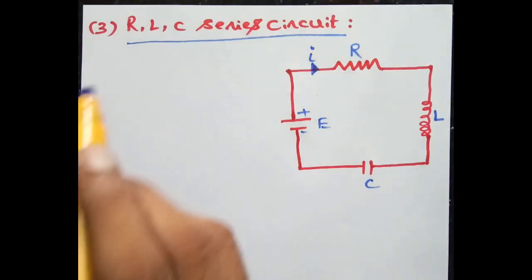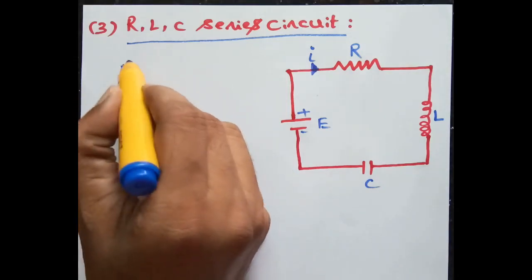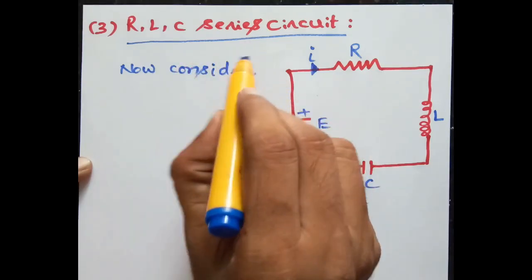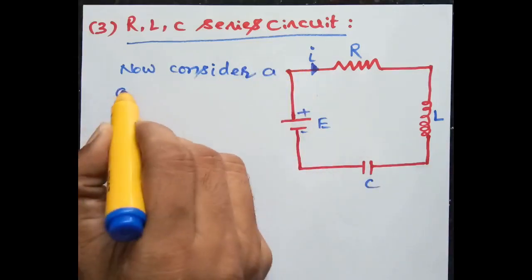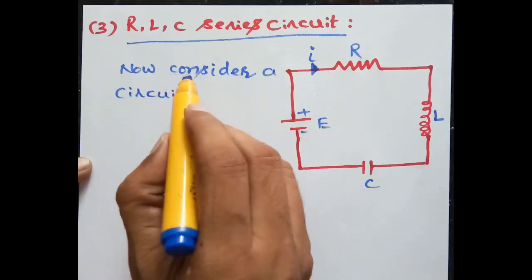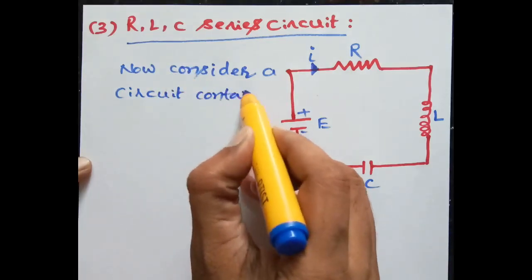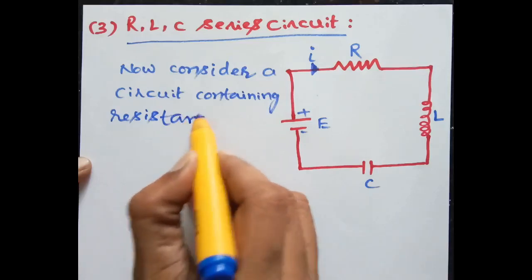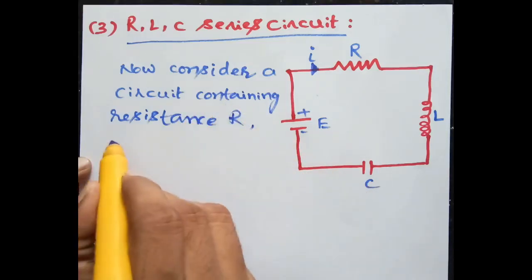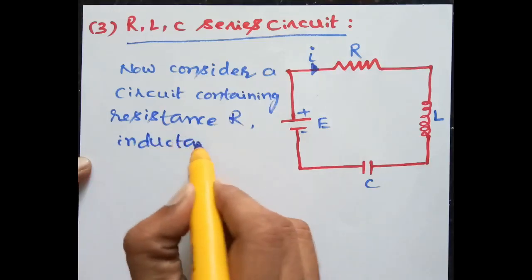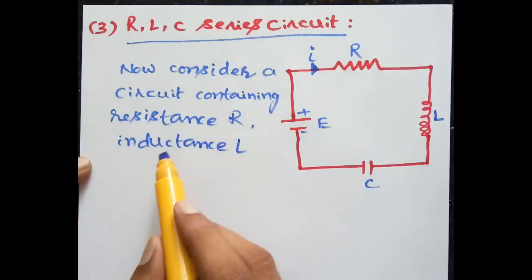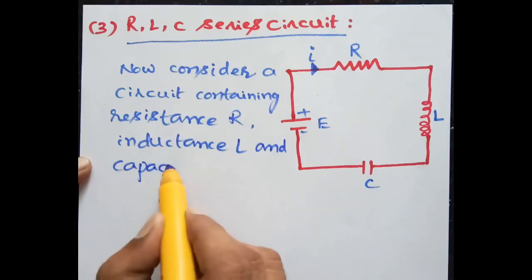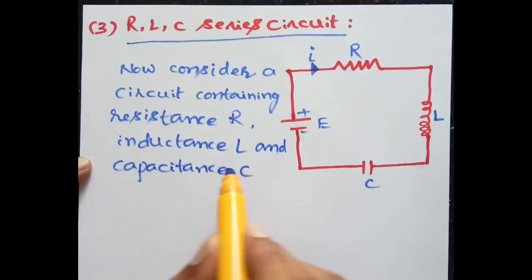Therefore now consider a circuit containing resistance R, inductance L, and capacitance C, as explained earlier.